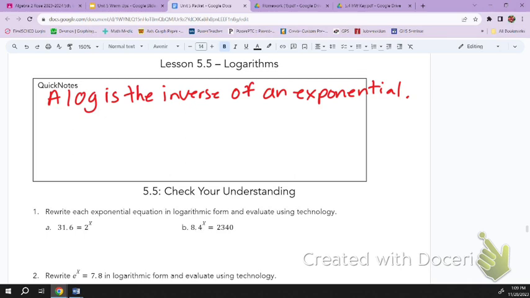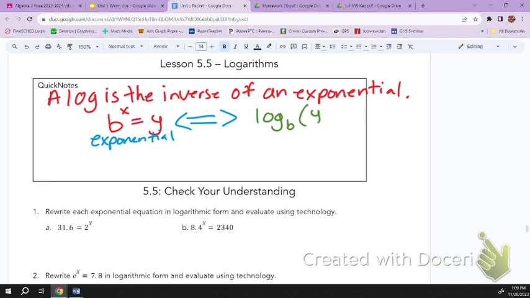So I can always rewrite my exponential form into a log form. So if I have log with base b, inside my log goes y, and out comes x.